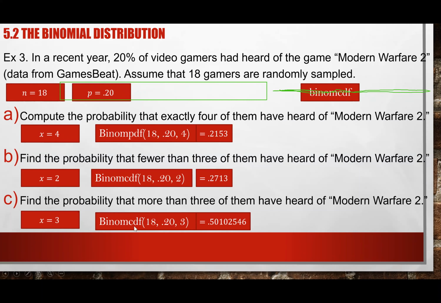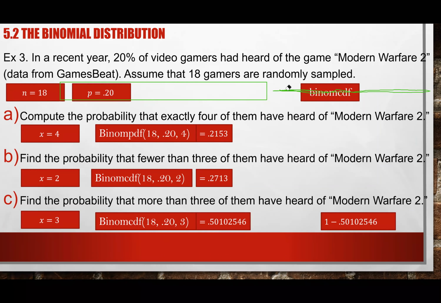Whatever this answer is, it's not my answer. Reminder, your calculator can only give you the answer on the left-hand side. But because we're looking for the item on the right-hand side, because we're looking for more than 3, we need to take 1 minus the left-hand side. Everybody understand this?